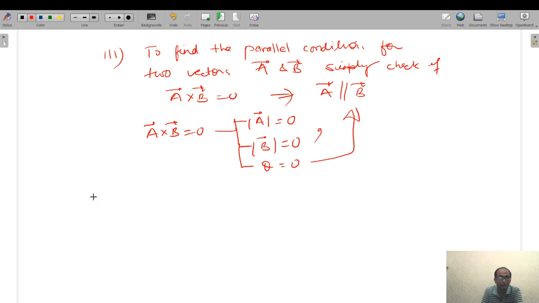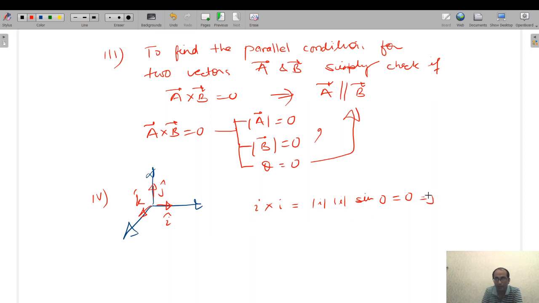Okay, now coming to the fourth property. So we know what? The unit vectors along x is i, along y it is j, along z it is k. So what is i cross i? First let us see this one. This is the magnitude of i here, magnitude of i, and sine of the angle between them, which is 0. So this will give you 0. Likewise j cross j and k cross k.